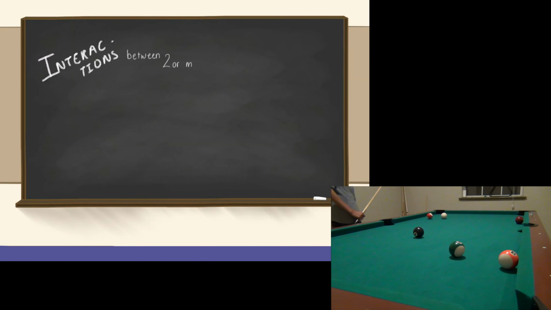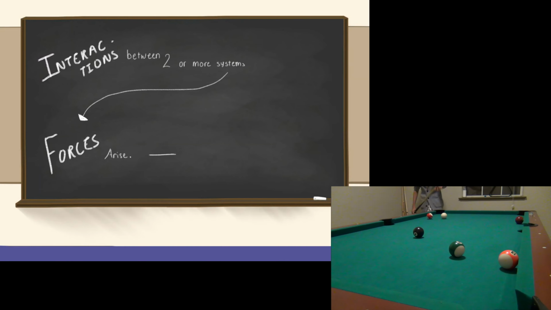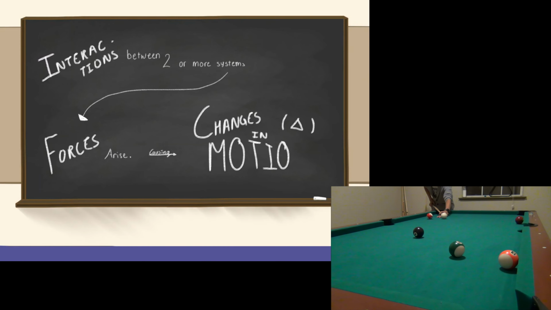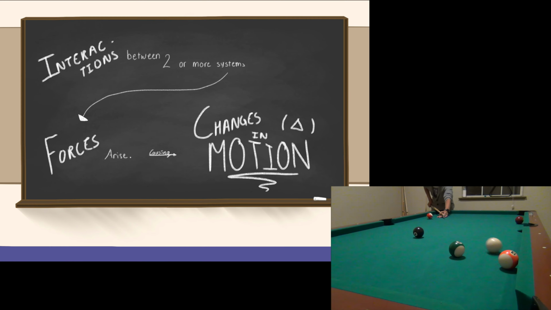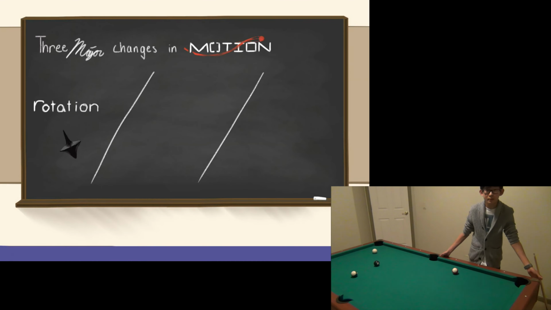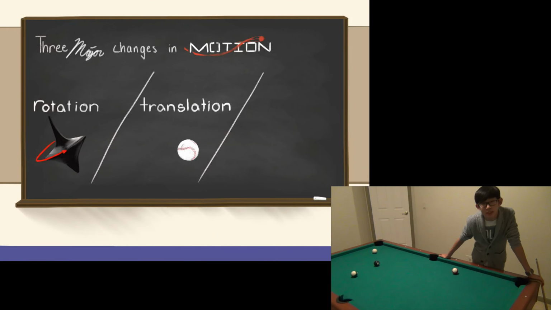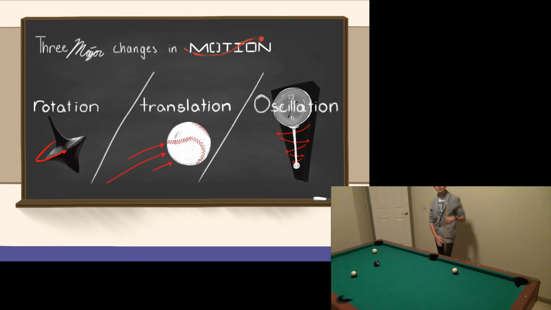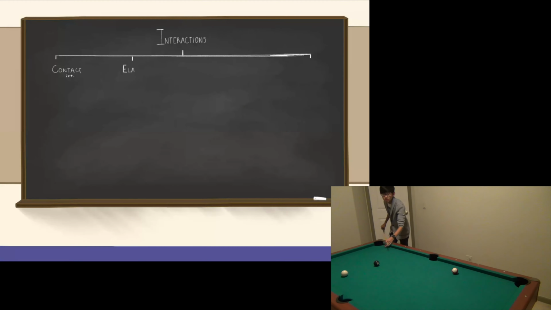Whenever there are interactions between two systems, forces arise, and these forces are what eventually lead to changes in motion. There are 3 major changes in motion: rotation, translation, and oscillation. Now going back to the interactions, there are 4 major types of interaction. The first is contact interaction.